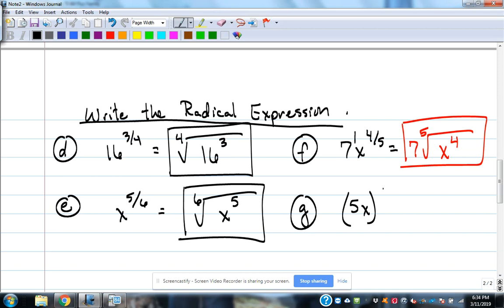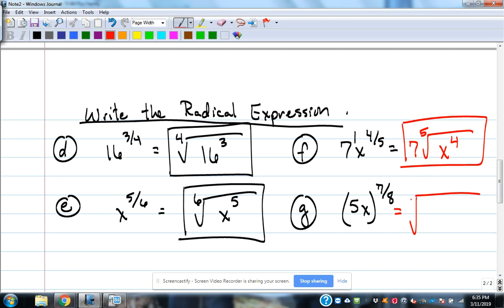Now this problem's a little different. Got some parentheses in there. Now, does that 5 go inside of the radical? Yes, because it's inside parentheses. Because it's inside parentheses, that means that whole piece, 5x, has got a rational exponent. So that means it's going to go into an index radical of what?